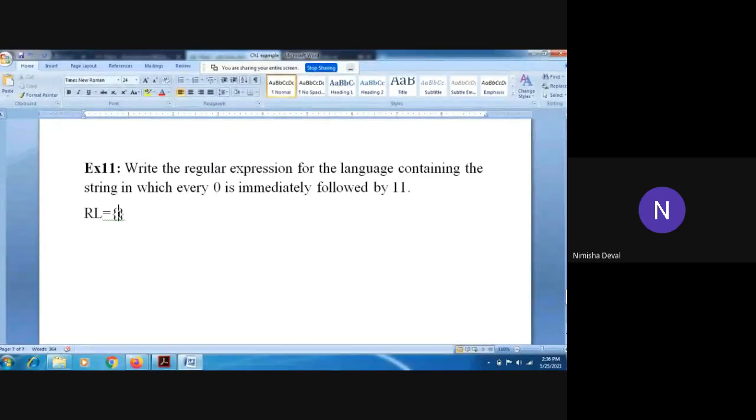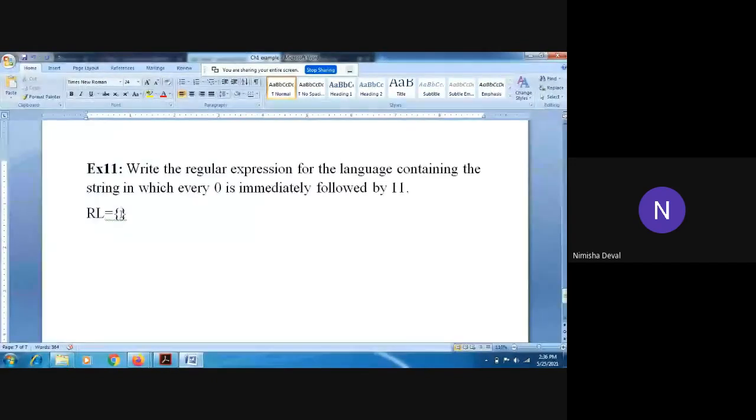It means null is allowed, 1 is allowed, double 1, triple 1 and so on. All these strings are allowed, but whenever there is an occurrence of 0, it must be followed by 1 1.